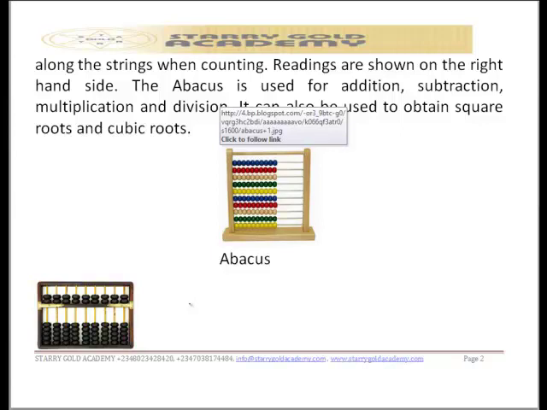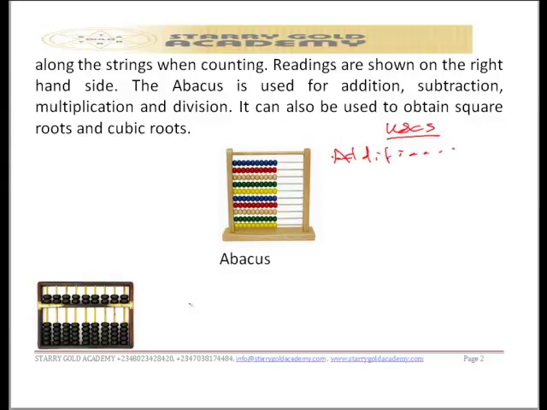The uses of the abacus: it is used for addition, it is used for subtraction, it is used for multiplication, it is used for division.